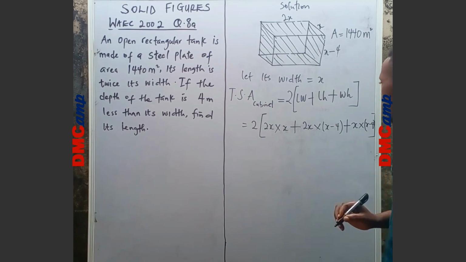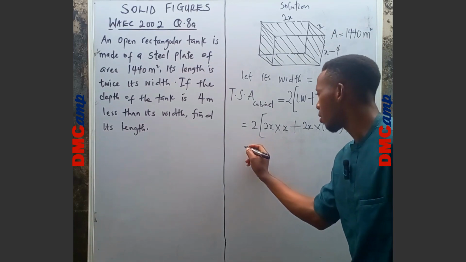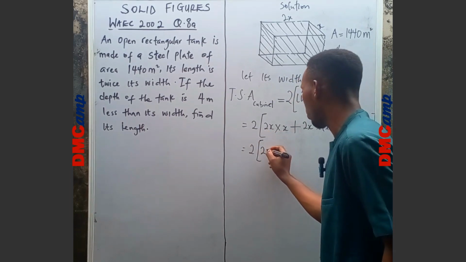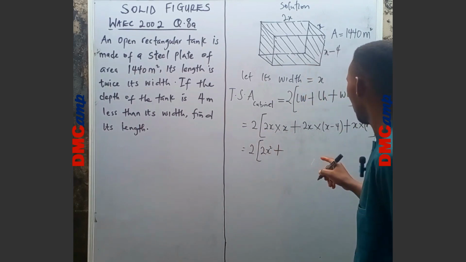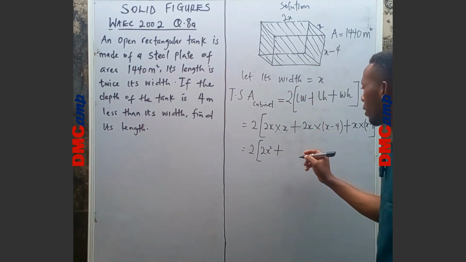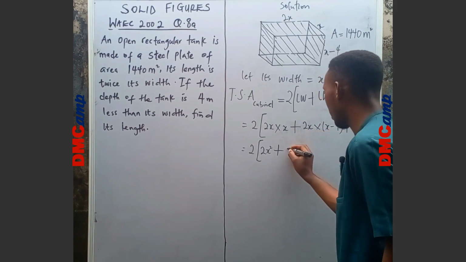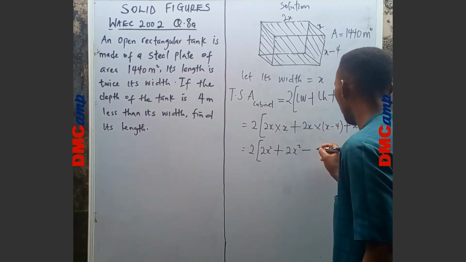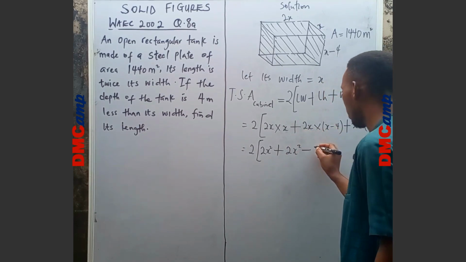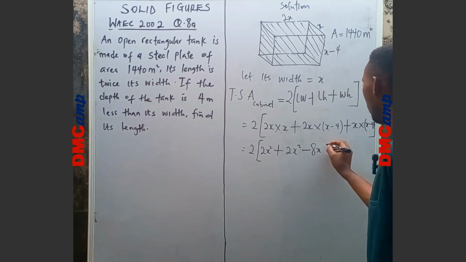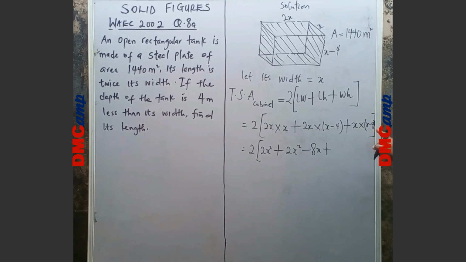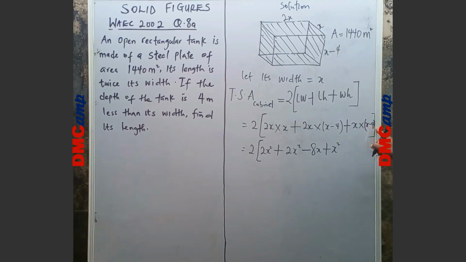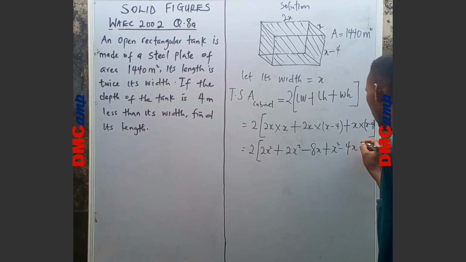So here we have 2 outside. Let's multiply this. We have 2x squared, plus, using 2x to open this bracket, 2x times x is 2x squared, minus 2x times 4, that's minus 8x. Then plus, using x to open this bracket, x times x is x squared, x times minus 4 is minus 4x.